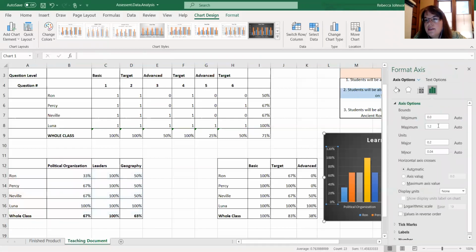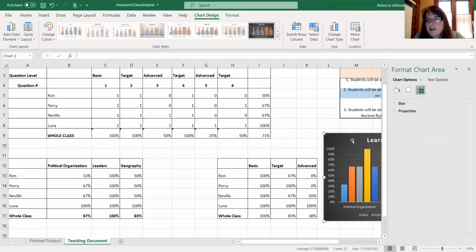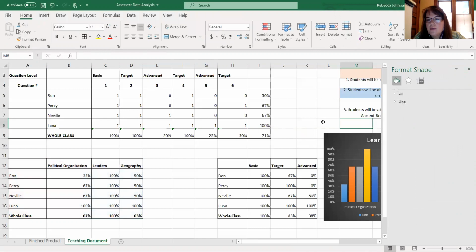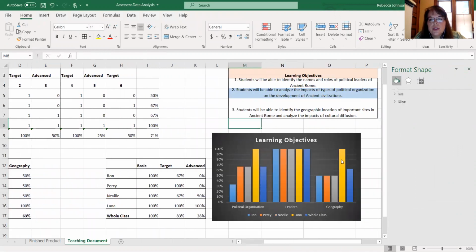So you'll notice that Excel took it all the way up to 120%. I'm going to change that to 100%. All you do is just click on that area of the data and then it will take you so that you can see it.